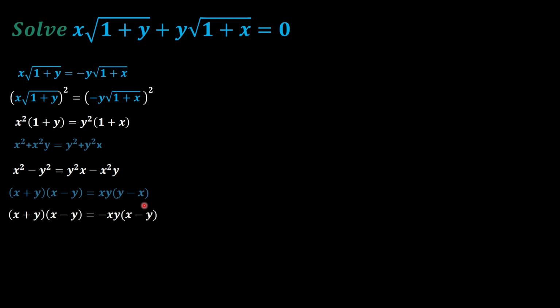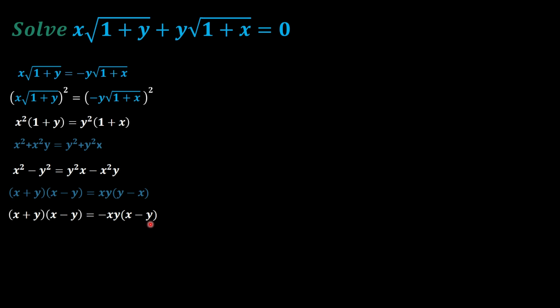Now we will take common minus in order to convert y−x into x−y, because x−y also exists on the other side of the equation. That's why we are making the thing simple.